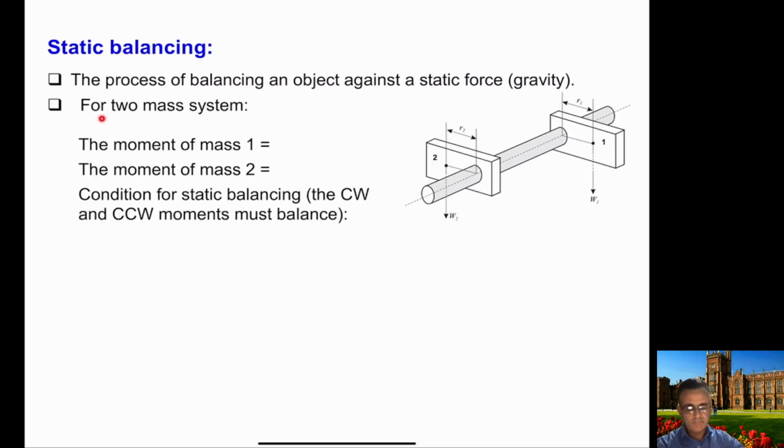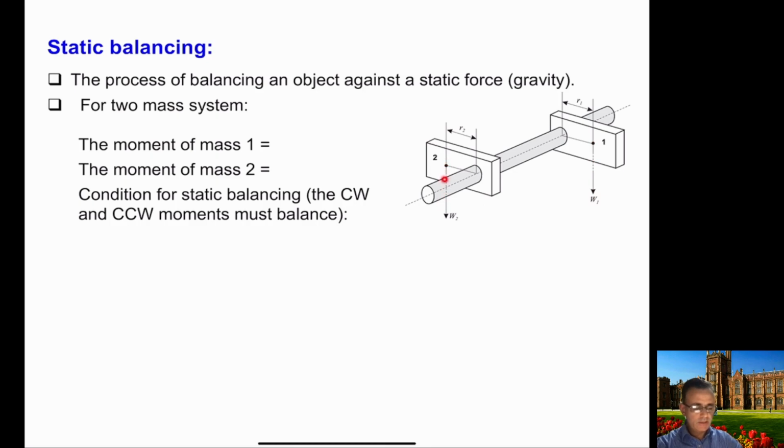this two mass system here, which you can see in this figure. You have a shaft again, and there are two masses attached to the shaft, this is M1, this is M2. In this case, both these out of balance masses are horizontal, and the weight of this mass is W1.